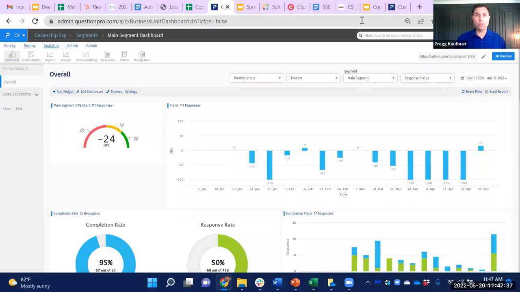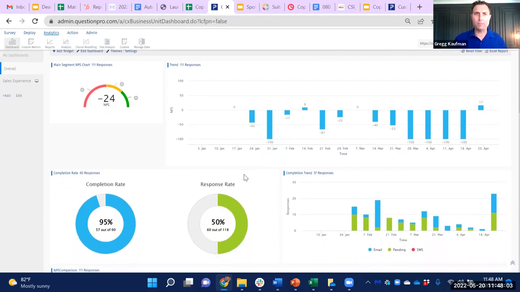So as I had shown, the intake form was completed, the real-time survey was sent out to the customer, the survey was quickly completed by the customer, and now in real time, the moment that information is submitted by the customer, it's going to reflect and be updated in a series of dashboards that we have built out of the box here, essentially for the dealerships, so that you don't have to build this.